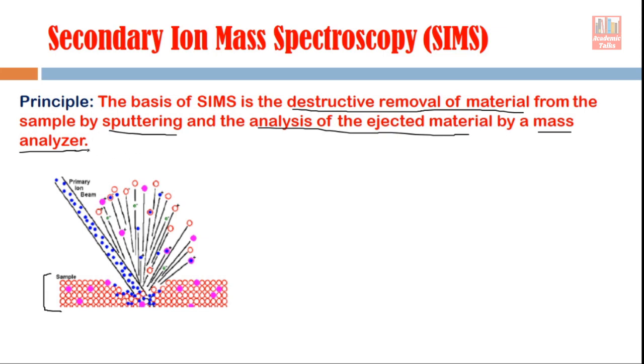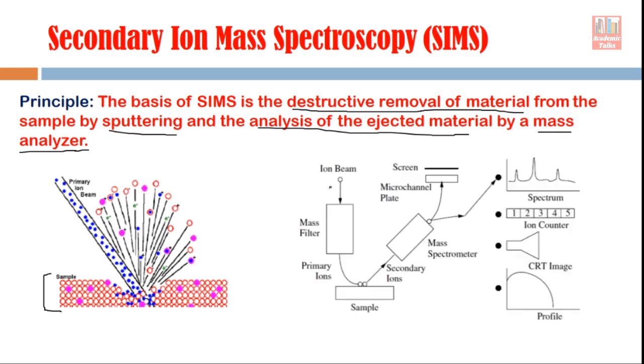It means we can identify the mass number of all these species. That way we can identify the elements in the ejected material, and so it is possible to identify the impurities which are present in the material. That kind of benefit we can get in SIMS.